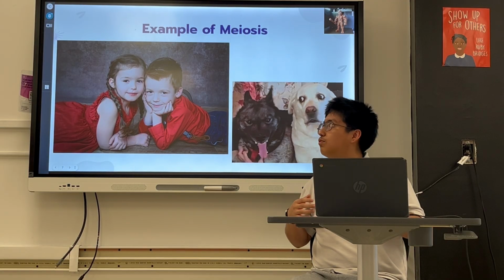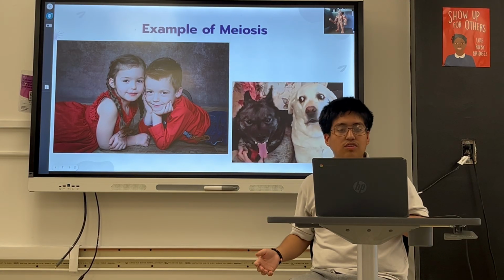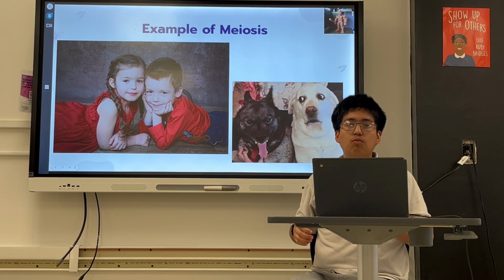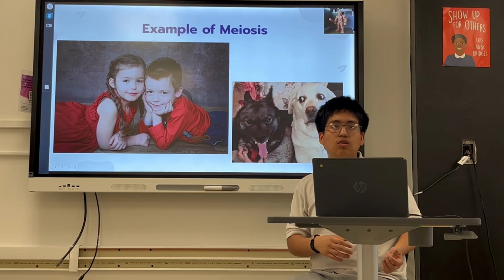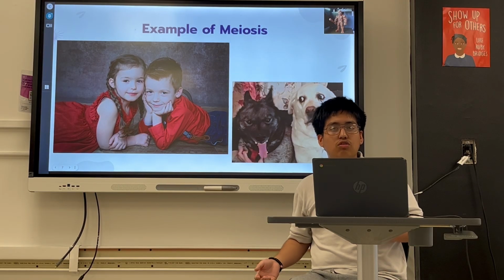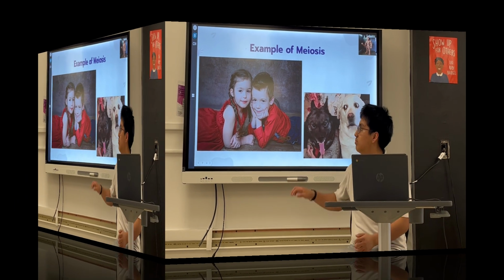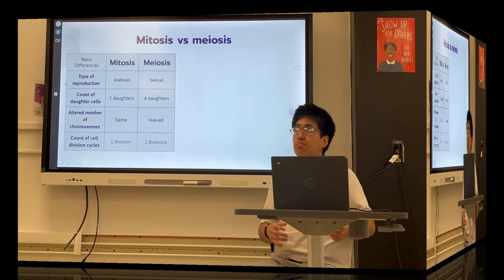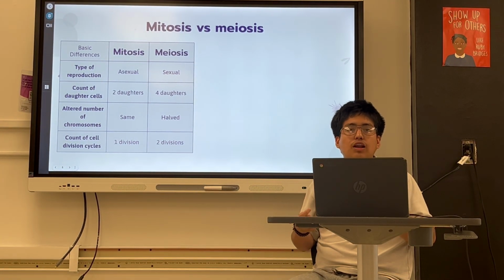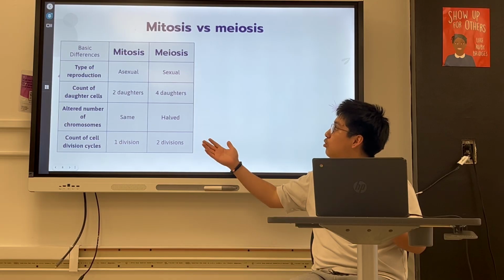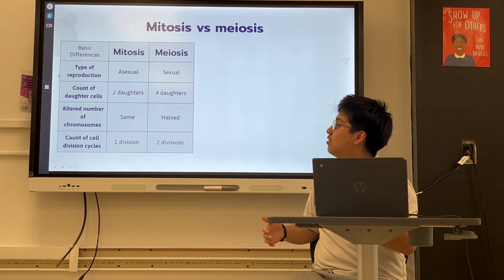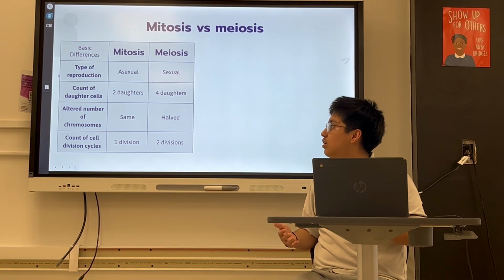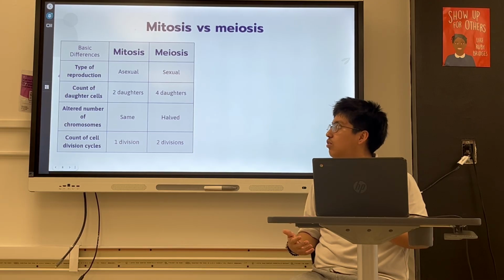There are so many differences between meiosis and mitosis itself, and we'll find out what the differences are and why they're so different, with more of a biology look into it. Mitosis and meiosis have a lot of differences that are seen in day-to-day life. These are the most basic differences: the type of reproduction, the kind of cells, the number of chromosomes, and the count of cell division cycles.